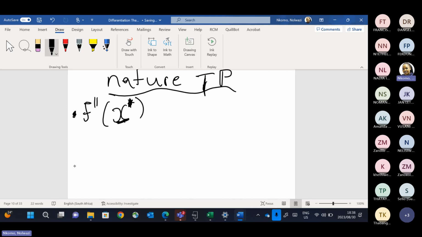Remember, the reason you need to find the second derivative is because you want to determine whether the point is the minimum point or the maximum point. Remember, the second derivative is equal to d squared f with respect to x squared.